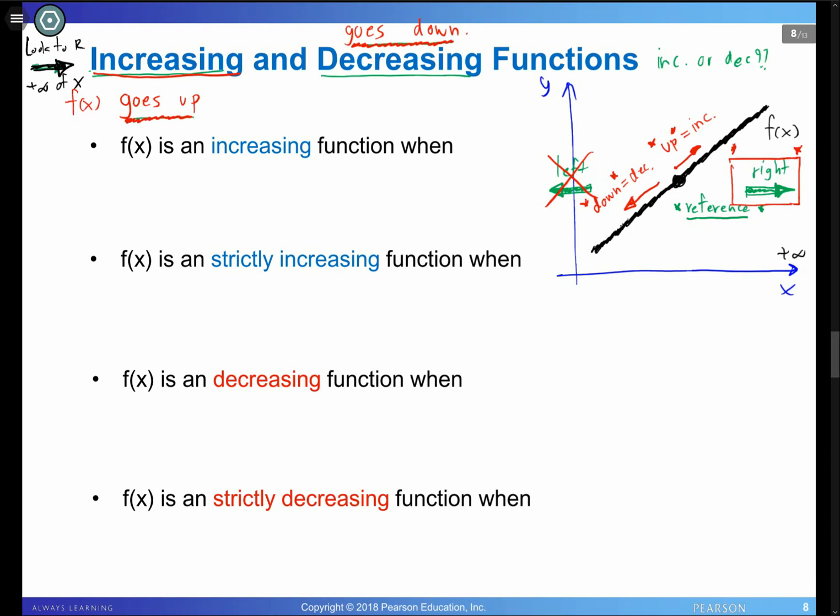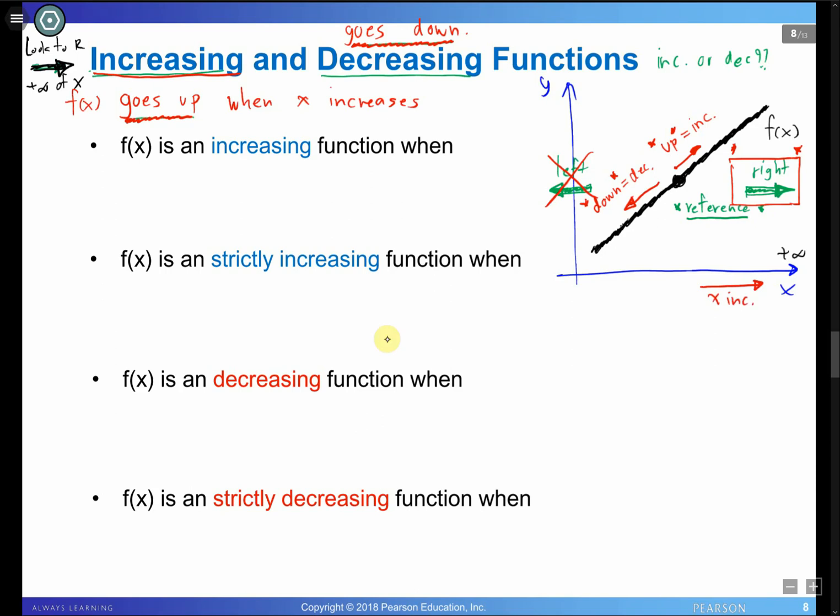But here I'm going to make an adjustment when it comes to wording. So the function value goes up when x increases. Okay, what does it mean when x increases? When x increases, it means that we are moving along this direction. All right, x increases.